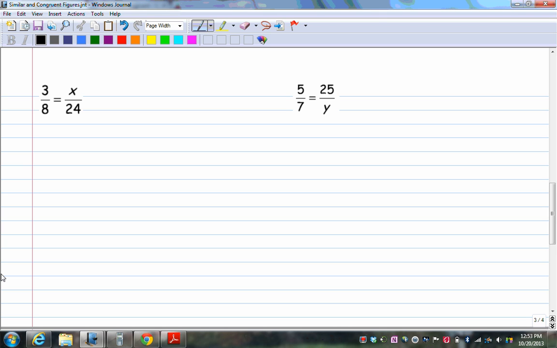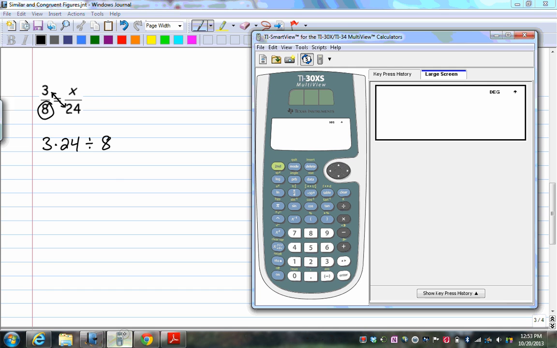So, the quick way: we're multiplying diagonally, so you take the two numbers that are diagonal to each other and multiply them by each other. Then you divide by the one that's left over, and that's what x will be equal to. So, let me pull up my little calculator and show you. Okay, I have 3 times 24 divided by 8.